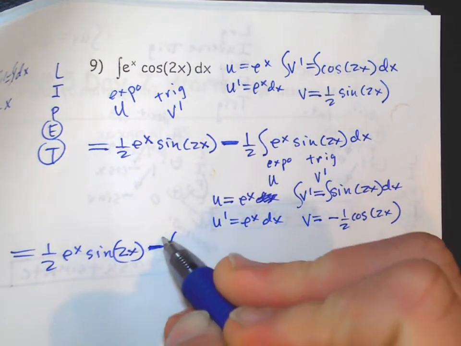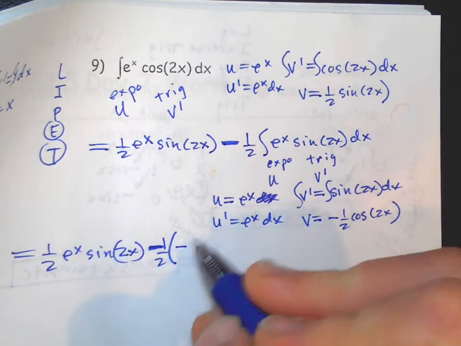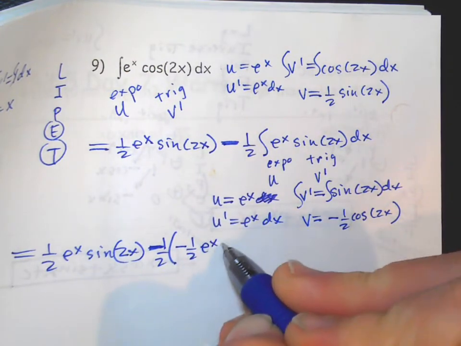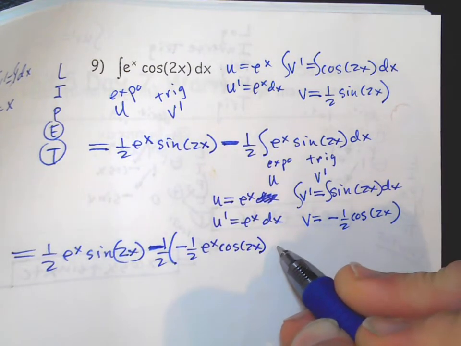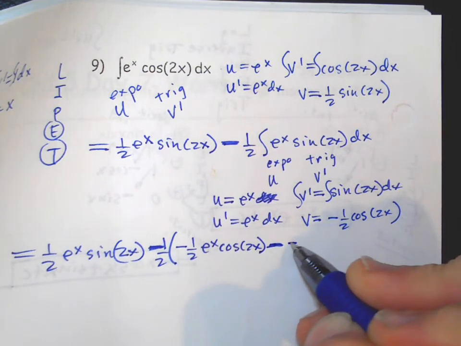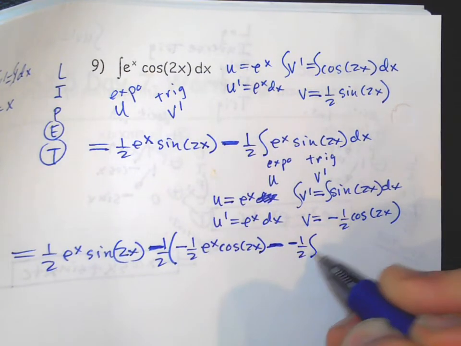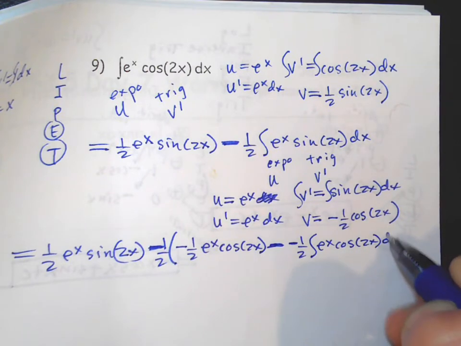I got to distribute this negative 1/2, I'll do that later. uv, so we get a minus 1/2 e to the x cosine 2x, multiplied, minus the two new things, which has a negative 1/2 I'm going to put in front: e to the x cosine 2x dx.